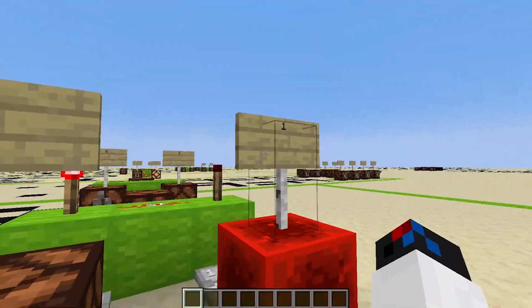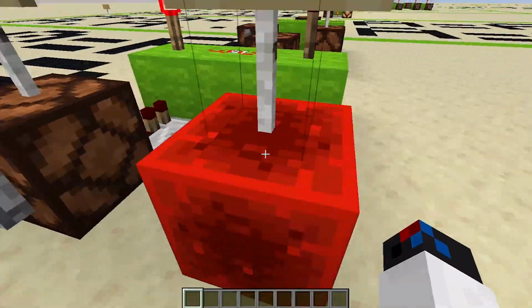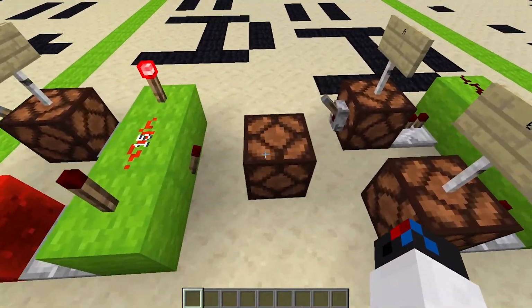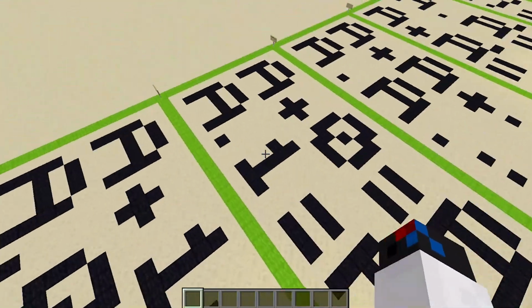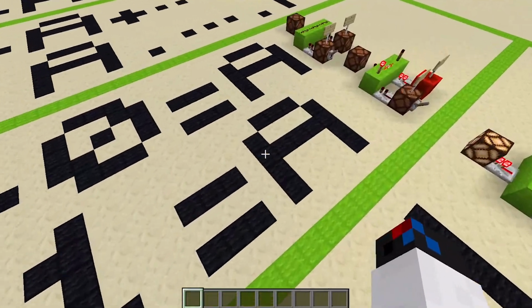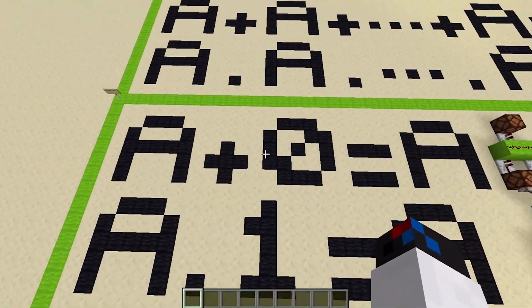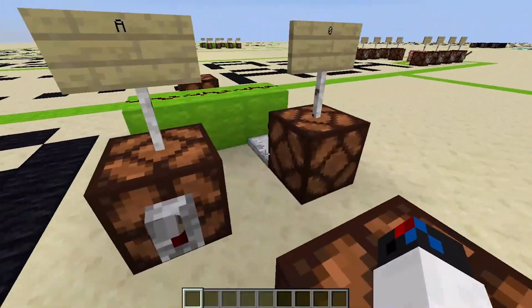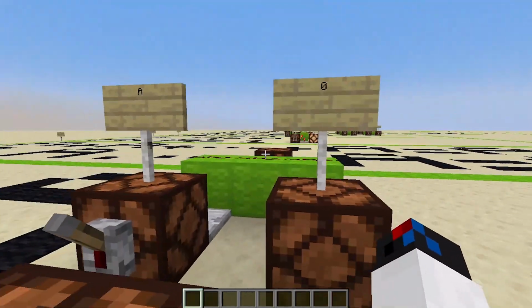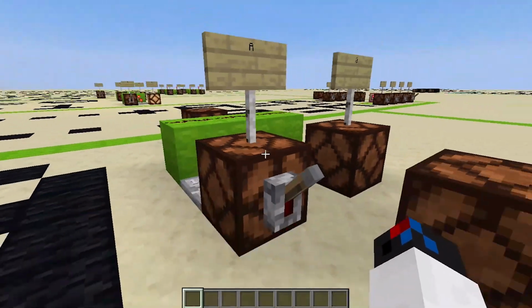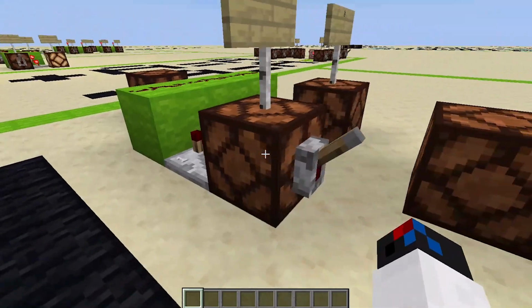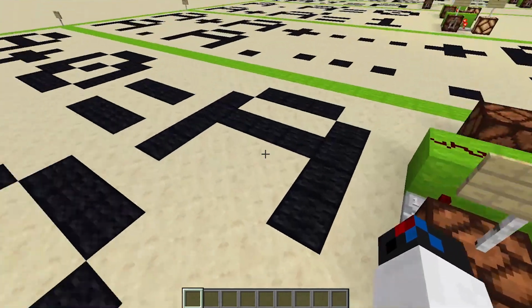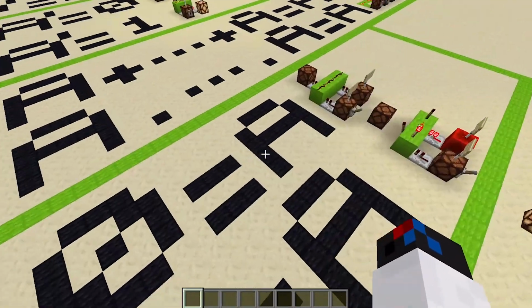We constantly give a 1 power here, and as you can see, the output is basically the input. So this explains why A and 1 is equal to A. Now for A or 0 equals A, we have an OR gate, and we have an input 0 here, and the output is the same as the input A. So A or 0 equals A.